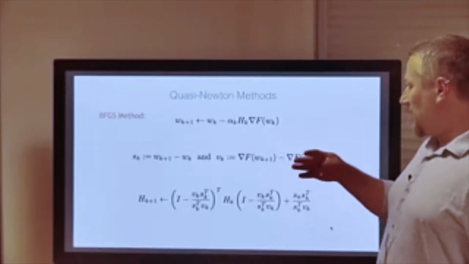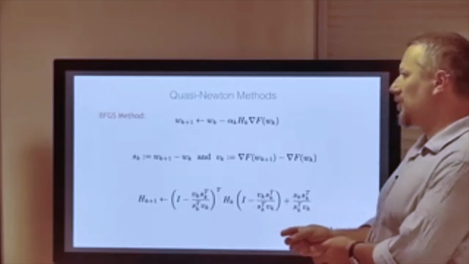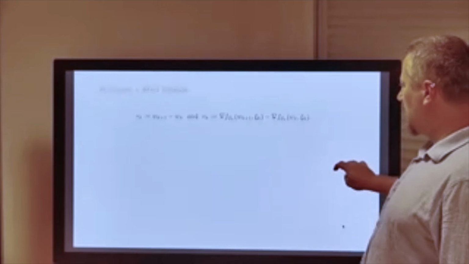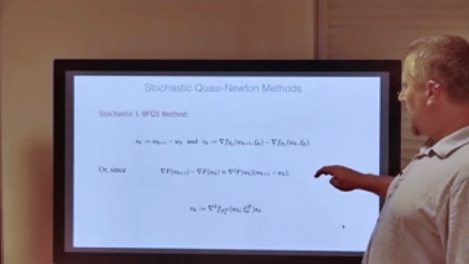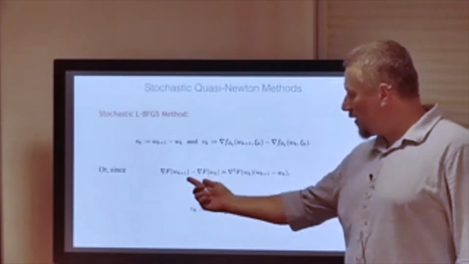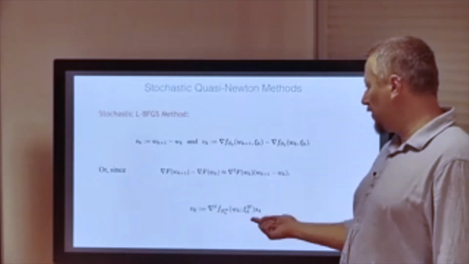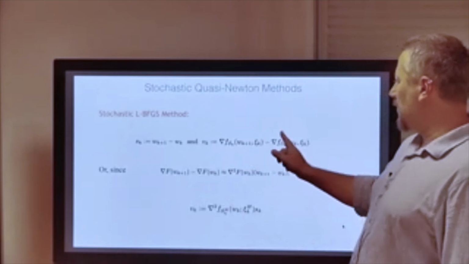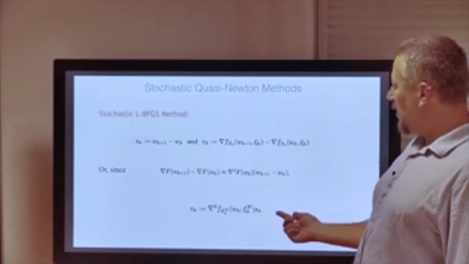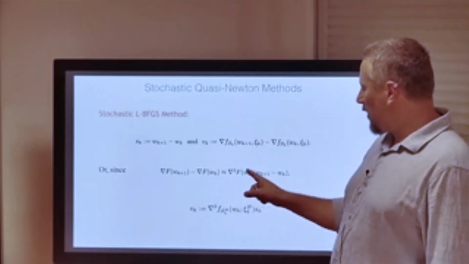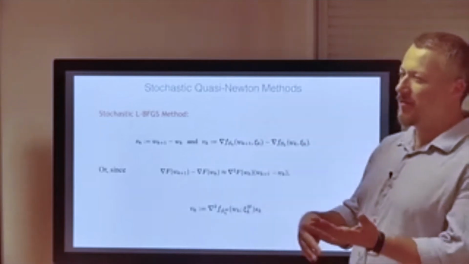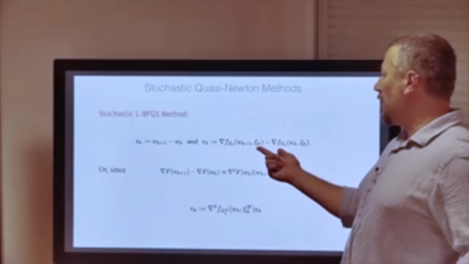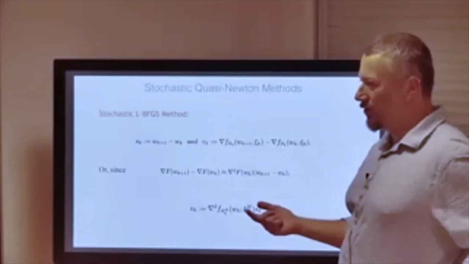All right, and so you can apply the method I have shown you to stochastic quasi-Newton methods. And then, instead of calculating differences of gradients at mini batches, sometimes the variance in these stochastic gradients is huge, and then this gives you a wrong estimate for the curvature in a way.